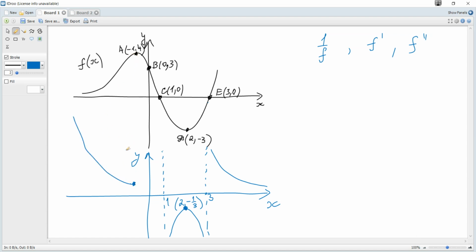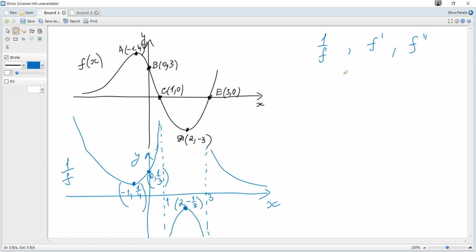So it's something like this and something like this, and it becomes negative 1 and 1/4, and this 0, 1/3, and goes up to infinity, something like this. So it's the reciprocal function 1 over f.